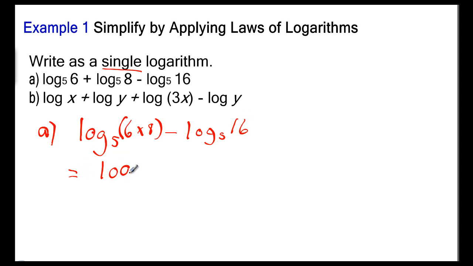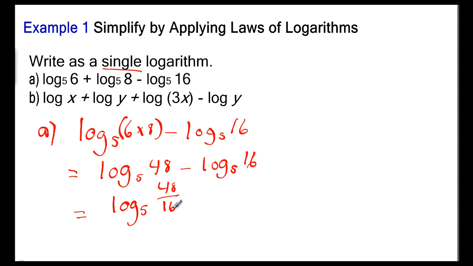And so I end up with log of base 5 of 48, subtract log of base 5 of 16. The minus sign means because the bases are the same, I can push these together using the quotient law, and it becomes 48 divided by 16, which I can evaluate to become 3.